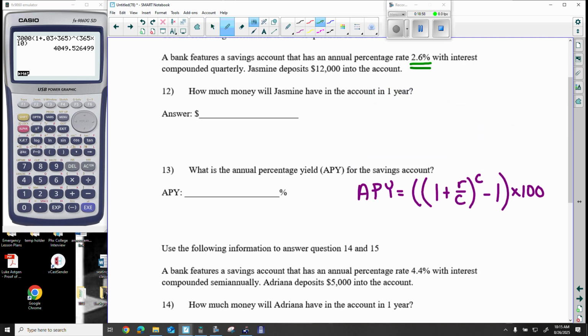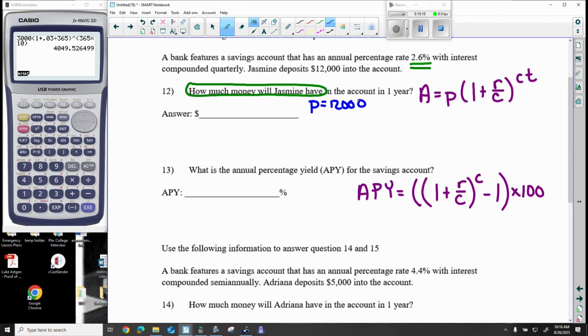But note that in number 12 is how much money will you have? All right, so this is just the A that we got done doing with compound interest. And so I see that the P is 12,000, the rate is 2.6%. The compounds is quarterly, and the time is 1 year.